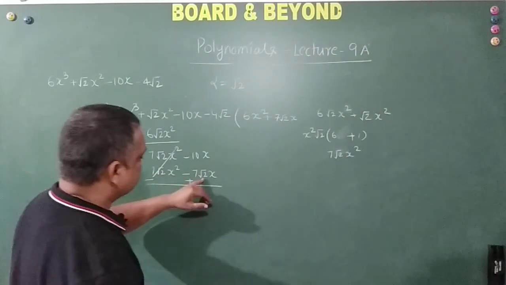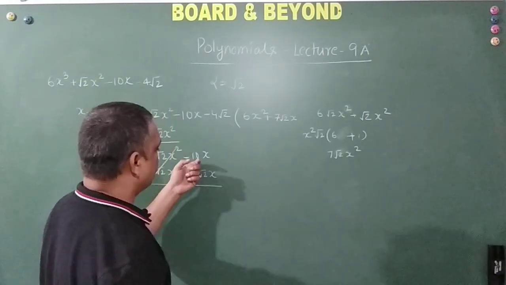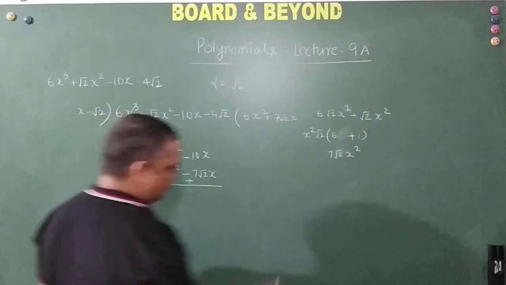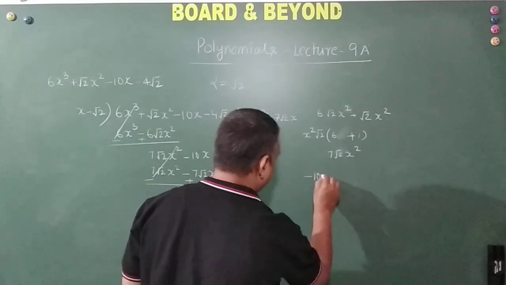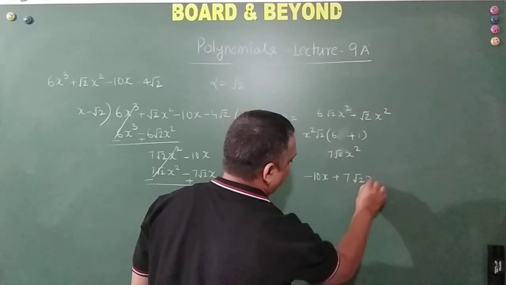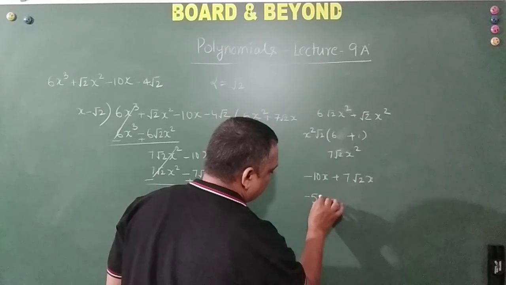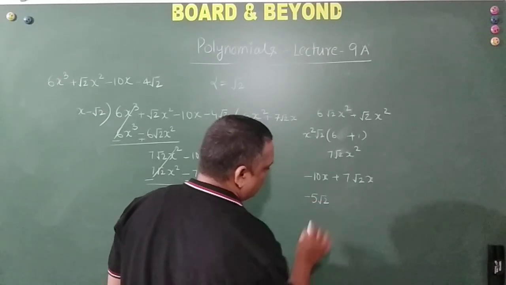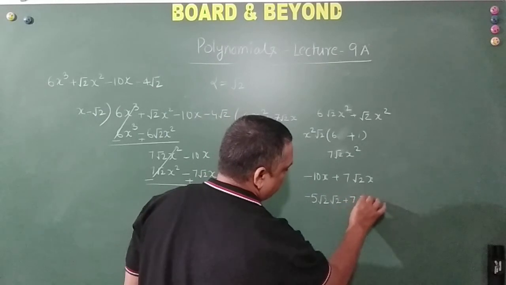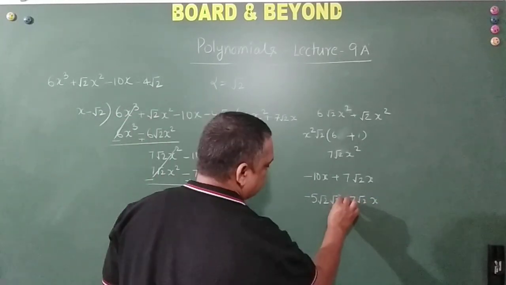See, it is in the form of root 2. So what is that we can do here, my friends? It is minus 10 plus 7 root 2. Okay, minus 10x plus 7 root 2 x. So can we write it like this? Minus 5 into root 2 into root 2 plus 7 root 2 x. Okay, sorry, x is also here.